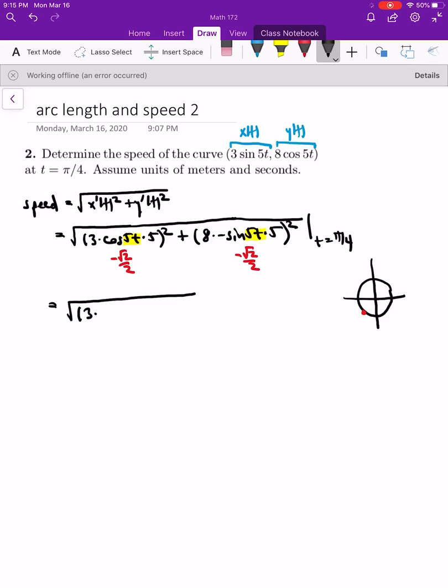I get 3 times minus root 2 over 2 times 5. Square that. I'll have 8 times, becomes a plus, root 2 over 2 times 5. Square that.